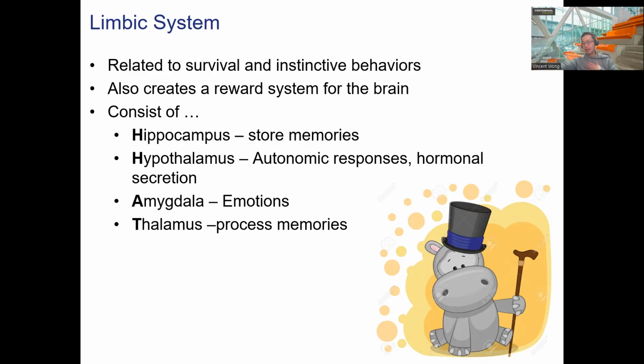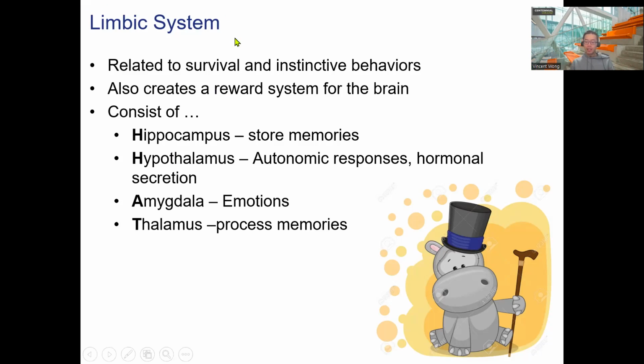Like they actually have to kill some animals to eat them, and the animal can fight back in some cases. So it's related to survival. Weighing the reward versus the risk, that's part of the limbic system.